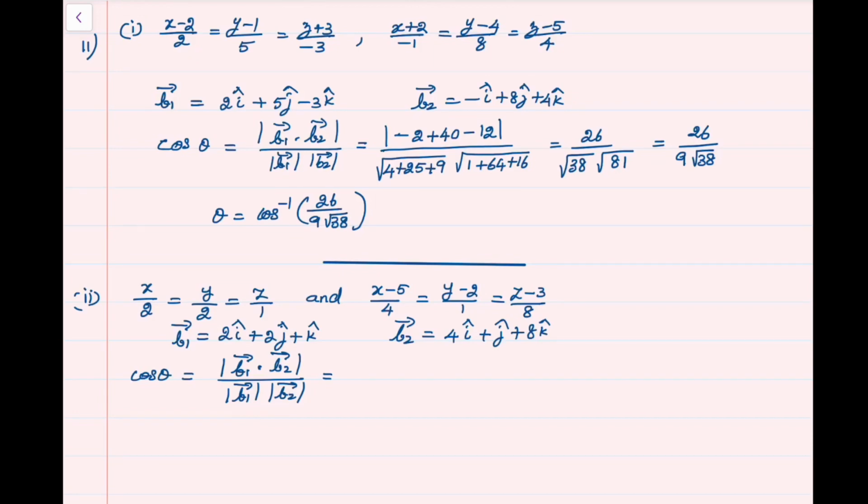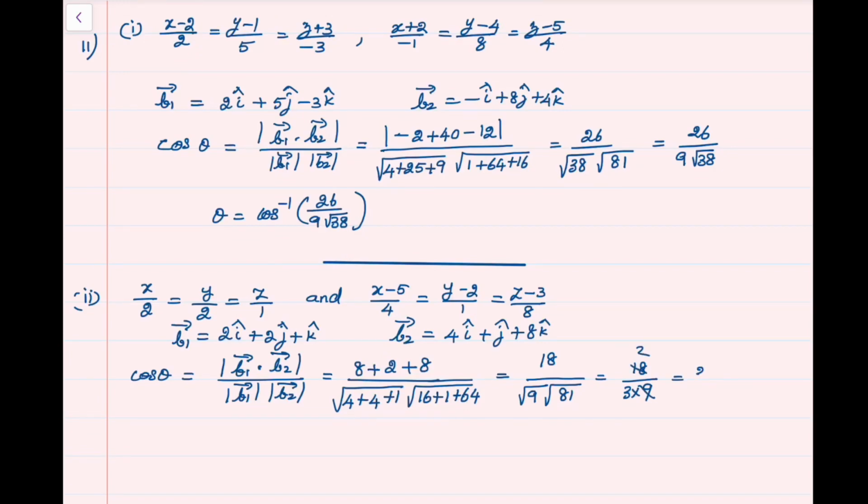No ijk should be written in the scalar product. 2 4s are 8 plus 2 plus 8, divided by magnitude of the first vector, root of 2 square plus 2 square plus 1 square, times root of 4 square plus 1 square plus 8 square, which is equal to 18 divided by square root of 9 times square root of 81. 18 divided by 3 times 9, 2 divided by 3.